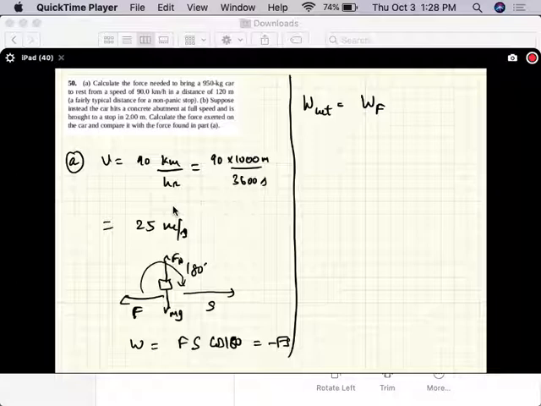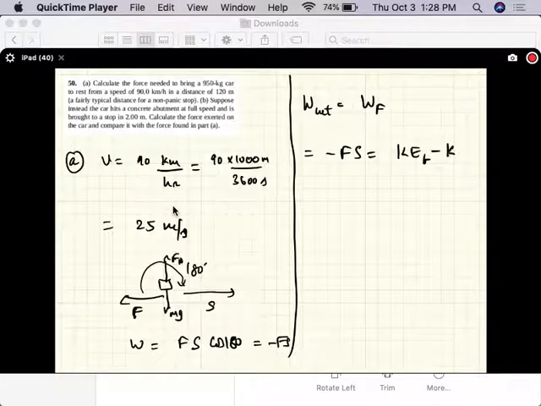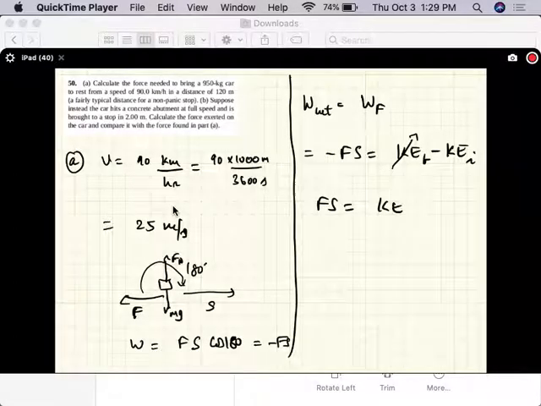And final kinetic energy is 0. So Fs is equal to initial kinetic energy. So the braking force did that much work.